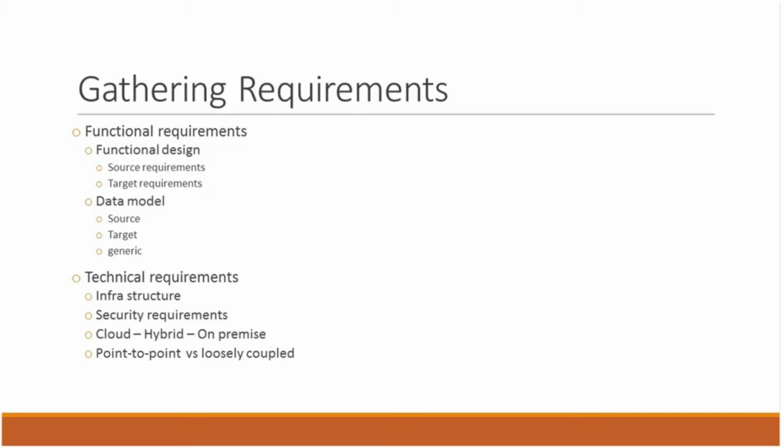It could be SAP or NAV or GP or Salomon or whatever you use, or an old legacy system that's still around. And the next step is that we have to analyze the data. So you start with a data model, define your entities from the source and the target, and start with a high-level mapping. So that's basically most of the things you do in a functional requirement phase.